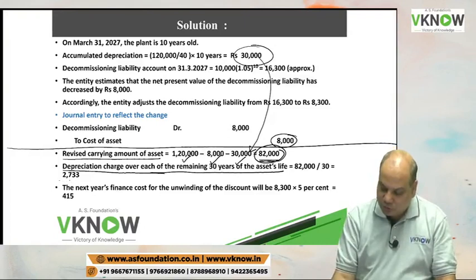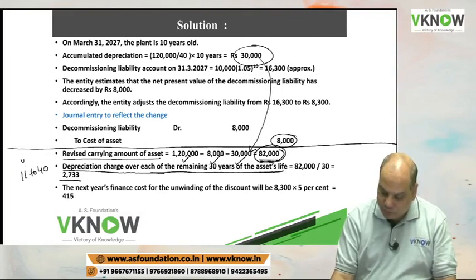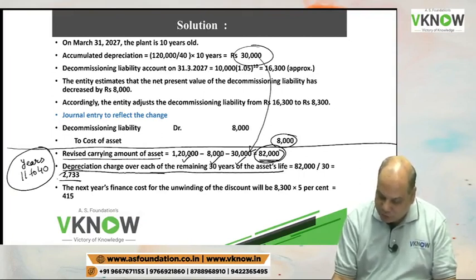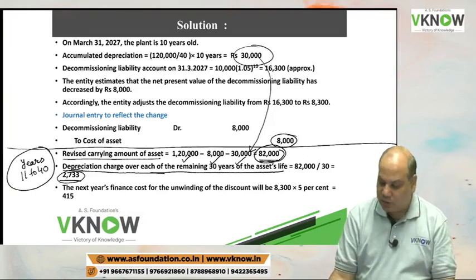So for years 11 to 40, the annual depreciation charge will be 2,733.